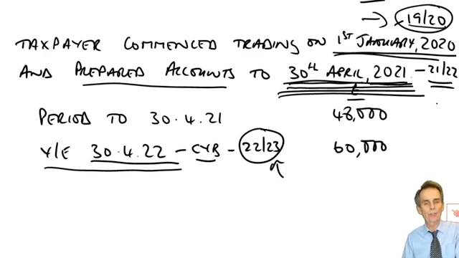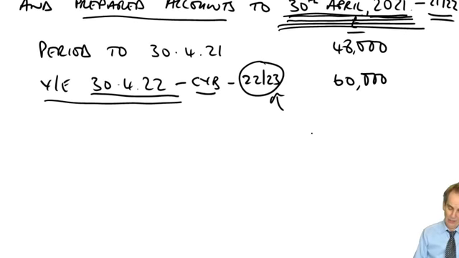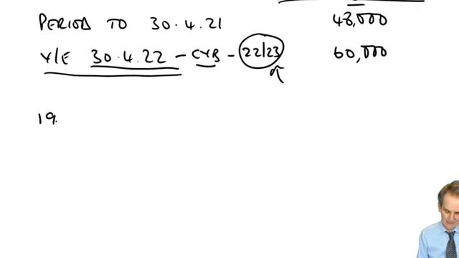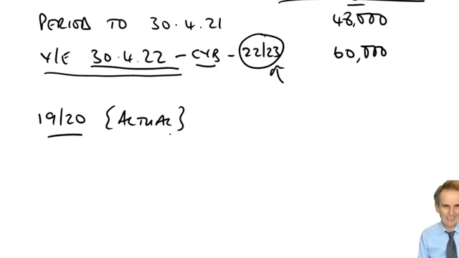What I want you to do first of all is what you've done all the way through, and that, of course, is to deal with the first tax year on an actual basis. It doesn't change. This is an actual basis for the first year. So you know what it is. It's 1920. You know what the basis of assessment is. It's actual.